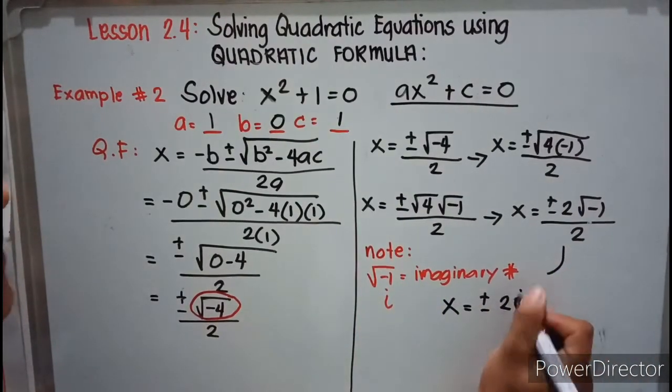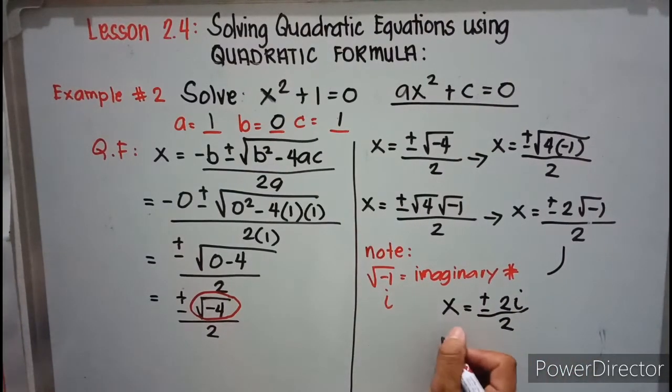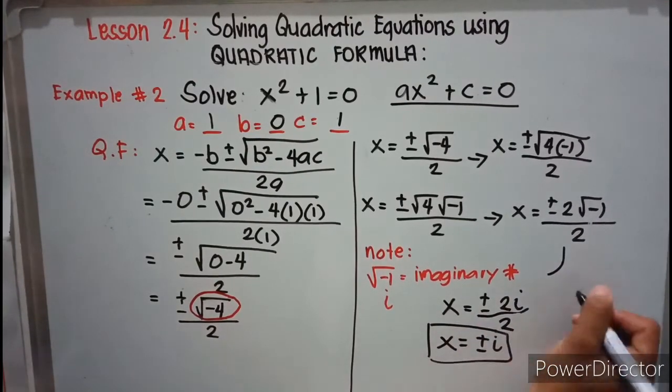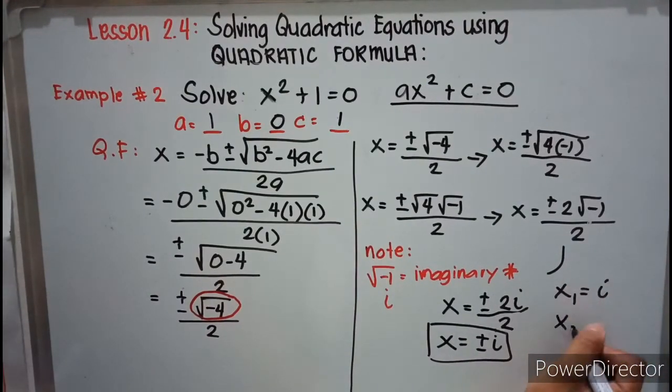So 2i all over 2. So 2 divided by 2, our x is equal to plus or minus i. So we'll have x sub 1 is equal to i, x sub 2 is equal to negative i.